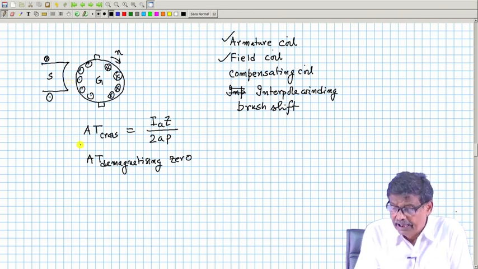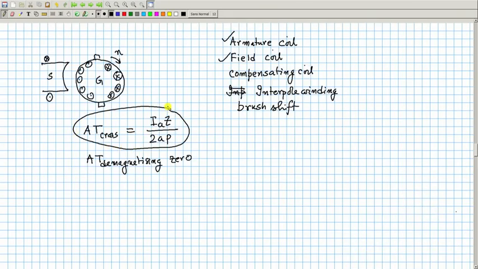For example, AT cross magnetizing is this much. Now, suppose I say that I will use compensating winding, and the compensating windings are put on the pole faces, as we have discussed earlier.